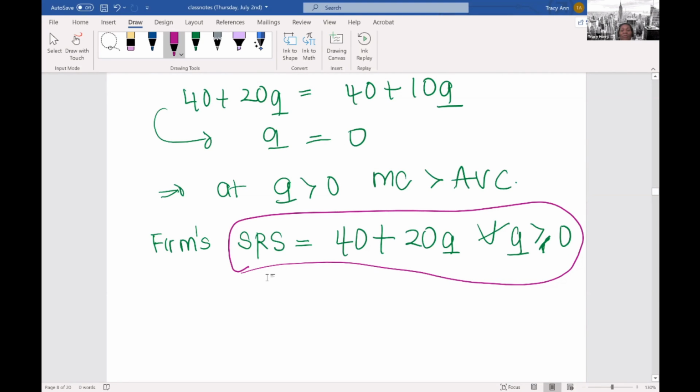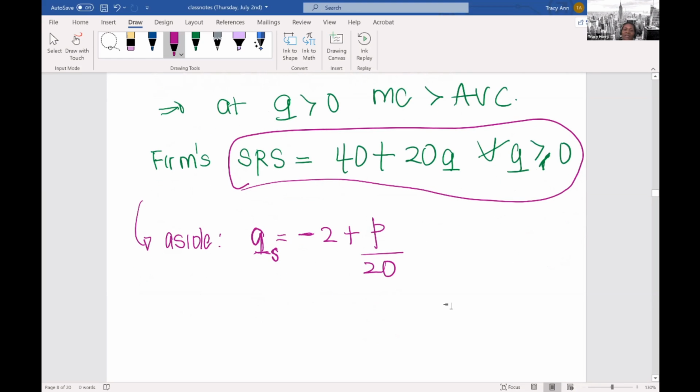So this is the firm's short-run supply curve: 40 plus 20Q for all Q greater than or equal to 0. And by the way, if I wanted to rewrite this in terms of quantity, it's almost as if I'm saying Q is equal to -2 plus price over 20. That would be your short-run supply. Any questions?